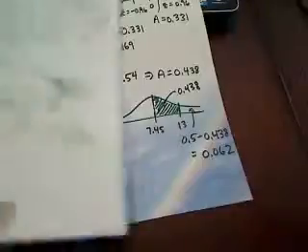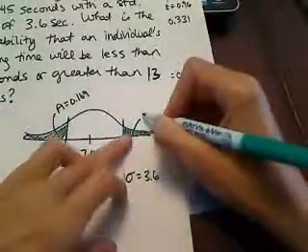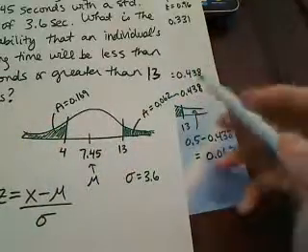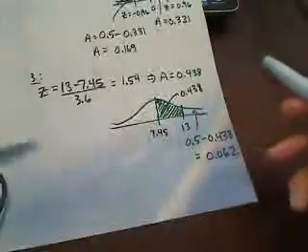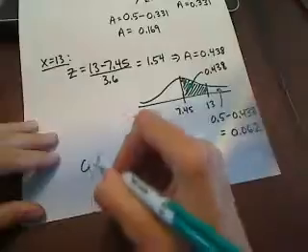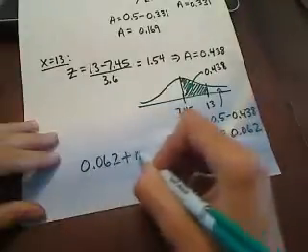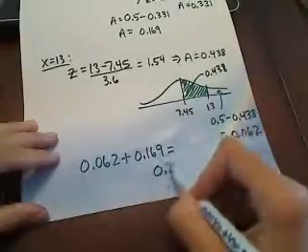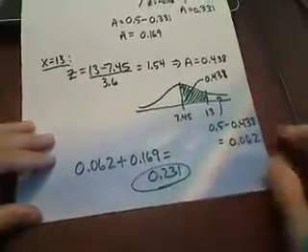So that's this area right here, 0.062. So to actually answer their question, we need to add those two together. It's going to be 0.062 plus 0.169, and you come up with 0.231 as your answer there.